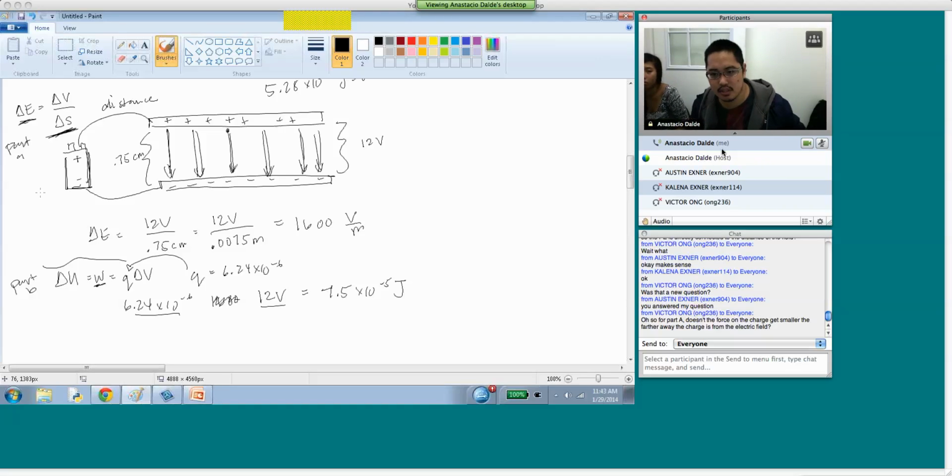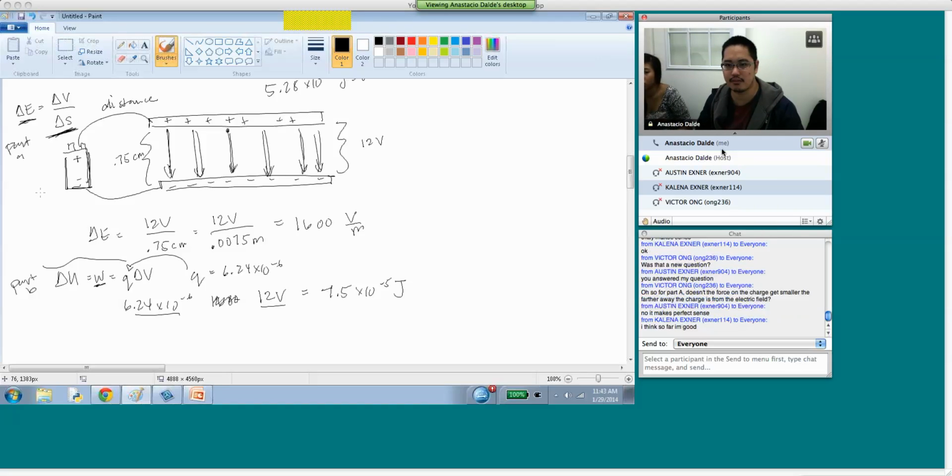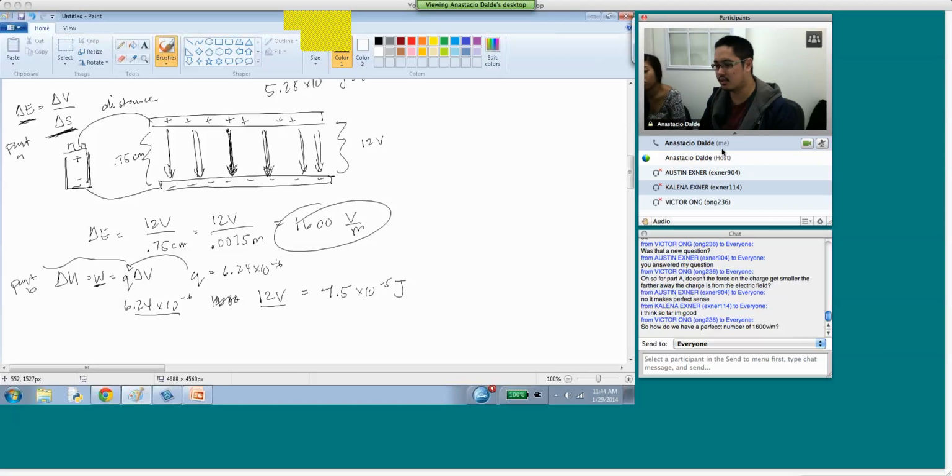Doesn't the force on the charge get smaller the further away the charge is from the electric field? Yeah. The force gets smaller the further away it moves from the electric field, but as we move down into this thing, this electric field right here is basically a constant 1600 volts per meter.